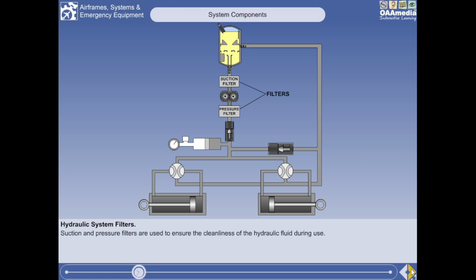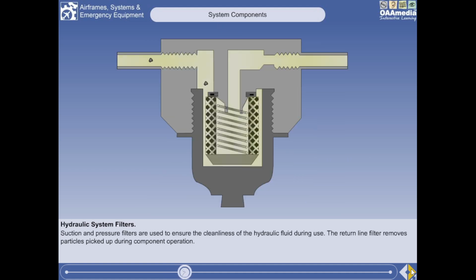The suction filter protects the pump, and the pressure filter ensures the cleanliness of the hydraulic fluid during use. There is also sometimes a filter fitted in the fluid return line to the reservoir to remove particles picked up during component operation. Filters remove foreign particles from the fluid, thus protecting the seals and working surfaces of the components.